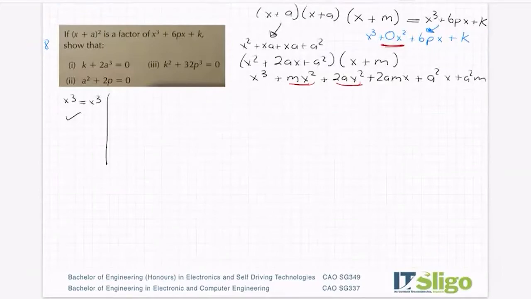So I have mx² + 2ax² being equal to 0x². Drop all the x² so that you have m + 2a being equal to 0.